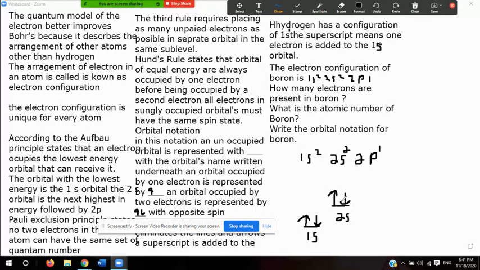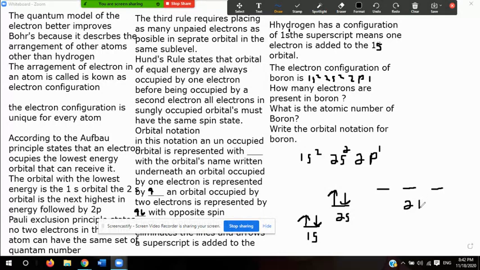So 2 electrons in the 1s orbital, 2 electrons in the 2s orbital. Now that they're fully occupied, we're going to go to the p orbital, which has 3 sublevels. Remember that the sublevels are represented by the lines, and it's 2p. Now, there is 1 electron in 2p.